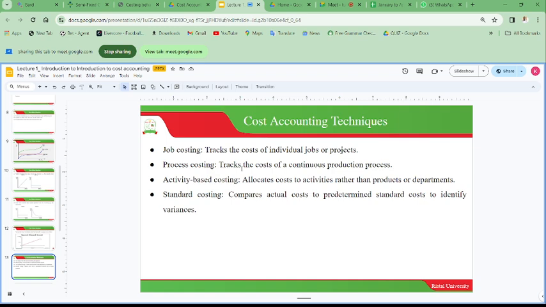It is a continuous costing. Activity-based costing allocates costs to activities rather than products or departments. Standard costing compares actual cost to predetermined standard cost to identify variances.